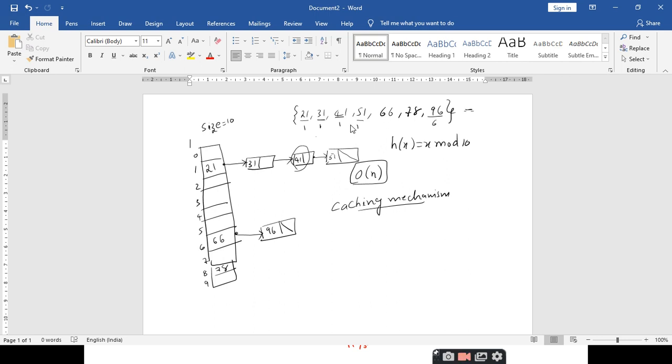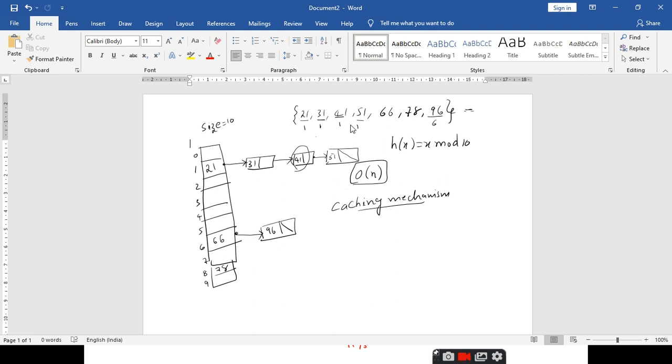Open addressing can be categorized as linear probing, quadratic probing, and double hashing, right? The disadvantage of open addressing is clustering. The advantage of separate chaining is that it avoids the clustering problem, but it has less performance in terms of the cache mechanism, right?